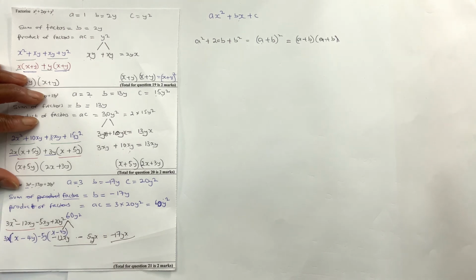Now I can see there's another factor here, x minus 4y. And what's left is 3x minus 5y. So if I take x minus 4y out, I'm going to get x minus 4y, and what's left is 3x minus 5y.